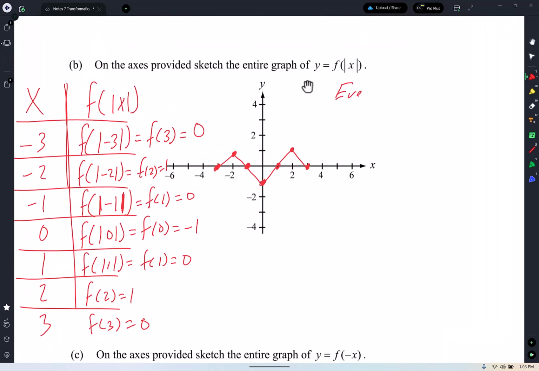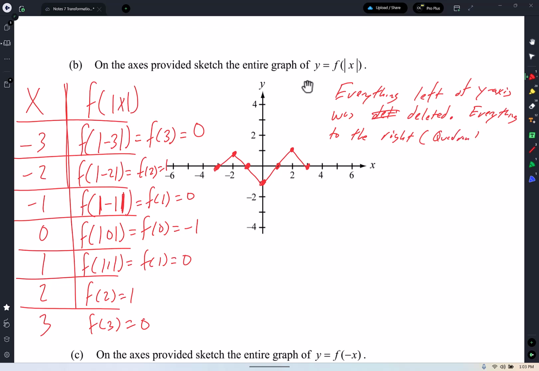Everything left of the y-axis was deleted, period. And then I'm going to say everything to the right (quadrant 1 and 4) was mirrored.